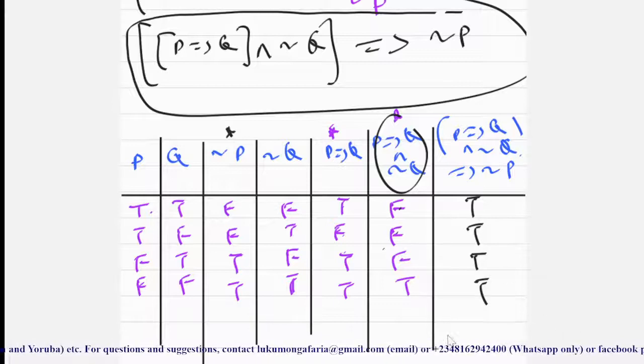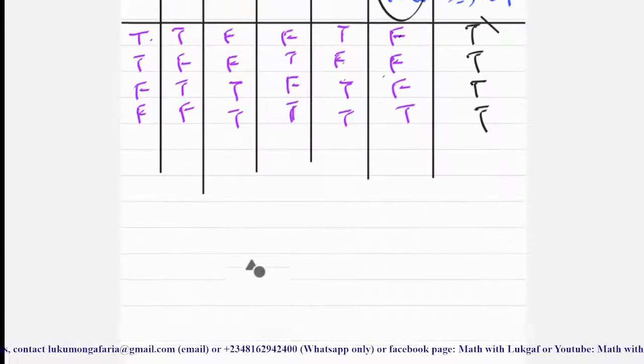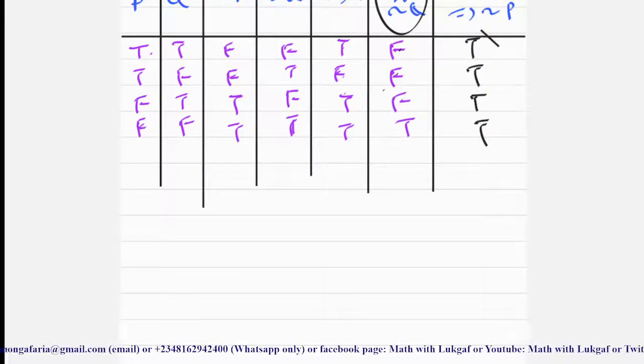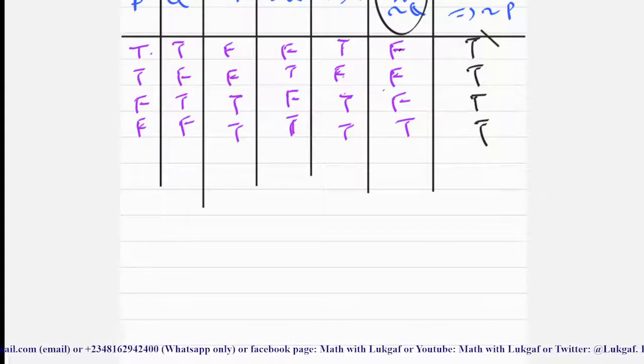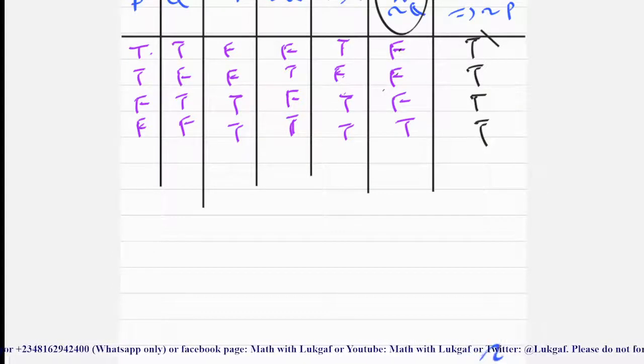You can see at the end of the day we have a tautology. So it means your argument is valid. How do we know it is valid? Because in our symbolic form we were able to show that it is a tautology.